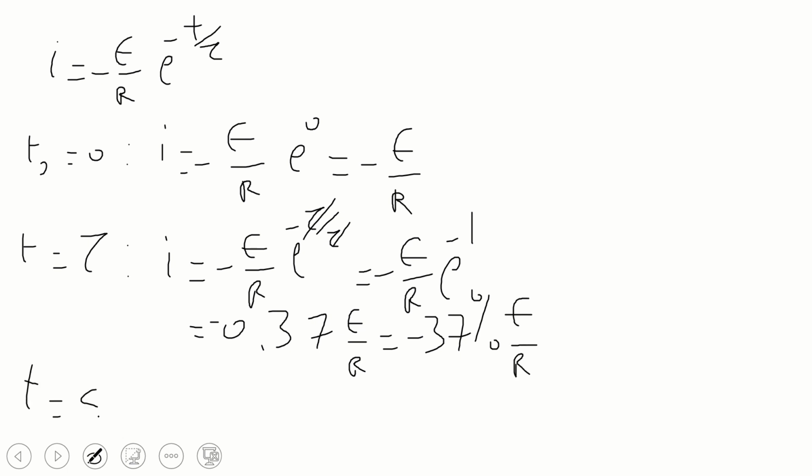At T equals 5 tau, I equals minus E over R exponential minus 5 tau over tau. Exponential minus 5 is approximately 0, so I approximately 0 amps.